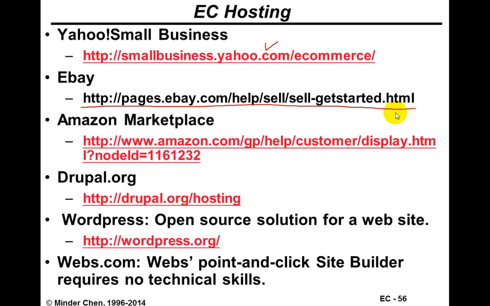If people don't want to engage in a bidding war, they can basically just purchase at that price. Amazon has something called Marketplace. They can help you list used books and other merchandise, and sell them through its marketplace.